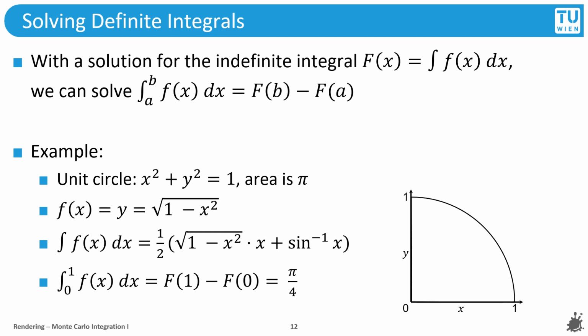We can then use some sort of mathematical toolbox or platform, in this case Wolfram Alpha, to compute the antiderivative, and then take the value of the definite integral in a particular range, in this case from 0 to 1, by simply computing capital F of 1 minus capital F of 0, which in this case gives exactly pi over 4.